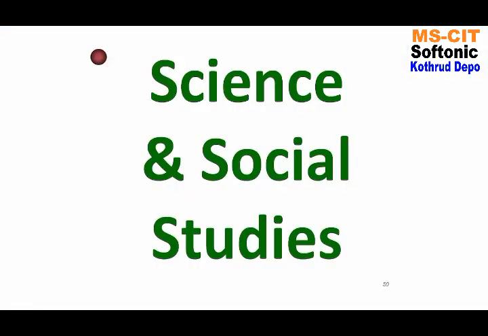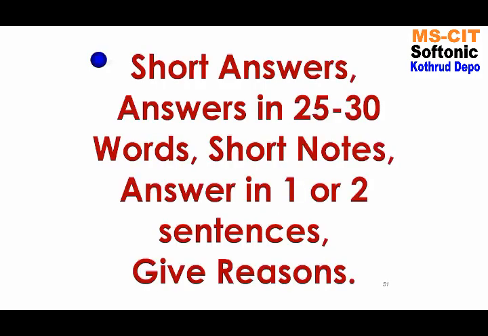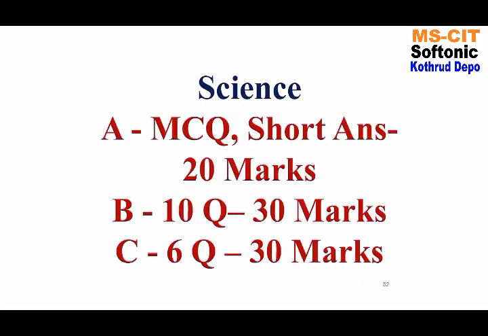Now science and social studies, those two subjects I am covering simultaneously. In those two subjects, science and SST, these are the types of questions which can be asked. This is the science paper pattern. Section A, 20 marks.